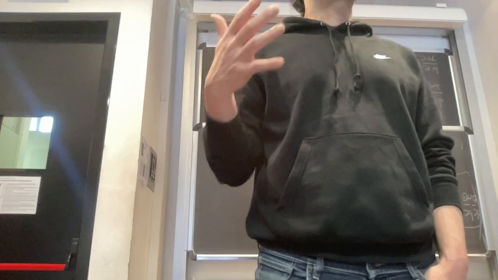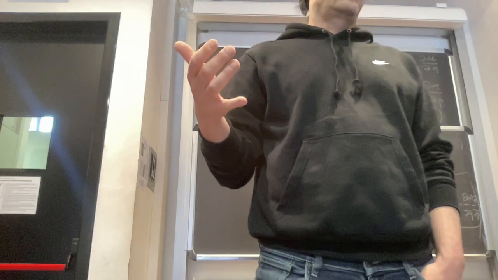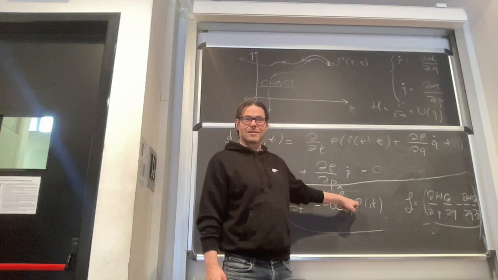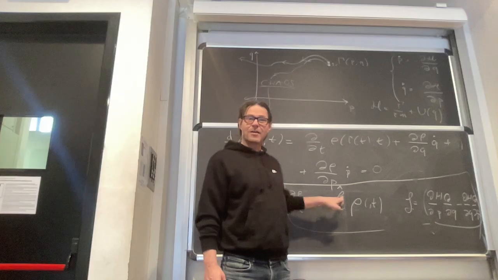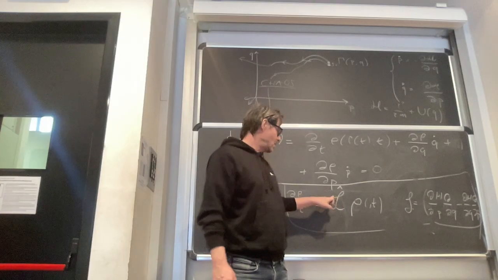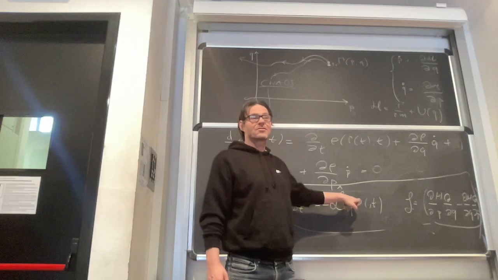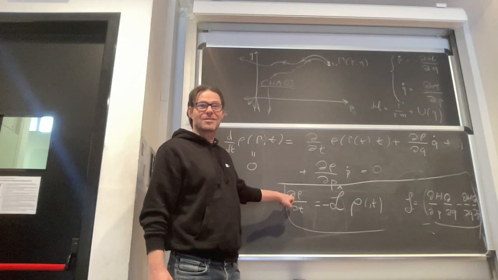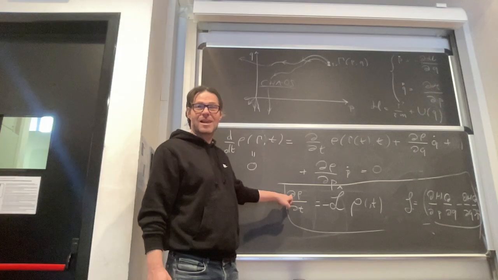They relax to a stationary distribution, which is equivalent to saying that this operator has a zero eigenvalue. Right? If the Liouvillean operator has a zero eigenstate, operator times eigenfunction gives zero, which means that there's no change in the distribution. Okay?